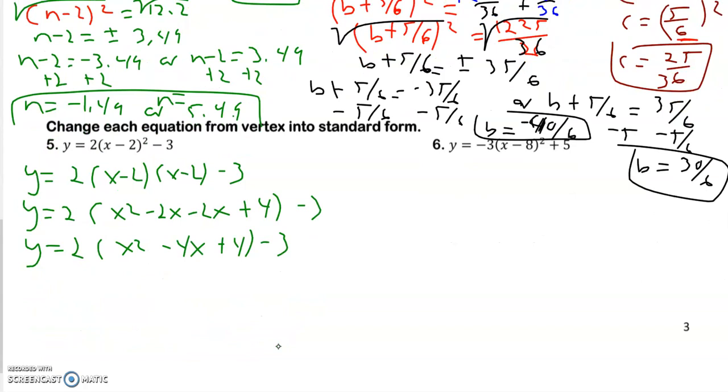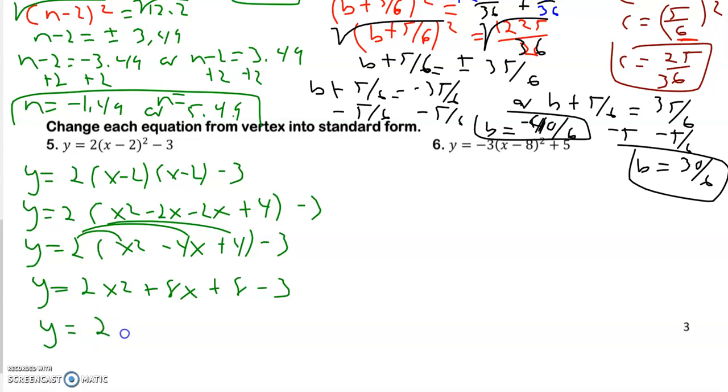And then I need to distribute this across. And I get 2x squared plus 8x plus 8 minus 3. And then I do y equals 2x squared plus 8x plus 5.